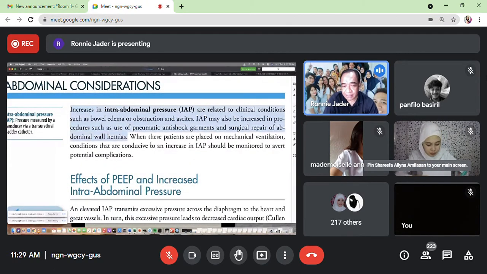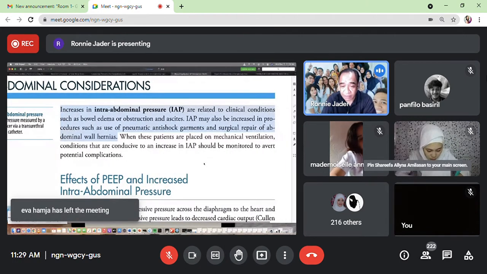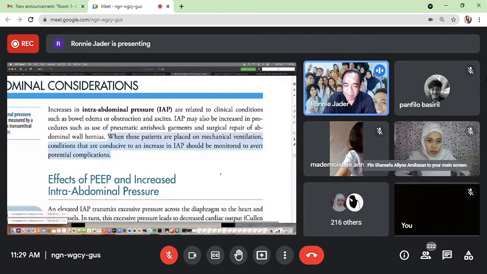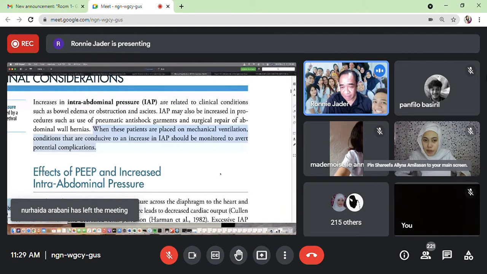Increases in intra-abdominal pressure are related to clinical conditions such as bowel edema or obstruction. IAP may also be increased in procedures such as pneumatic anti-shock garment and surgical repair of the abdominal wall. When these patients are placed on mechanical ventilation, conditions that are conducive to an increased IAP should be monitored to avert potential complications.